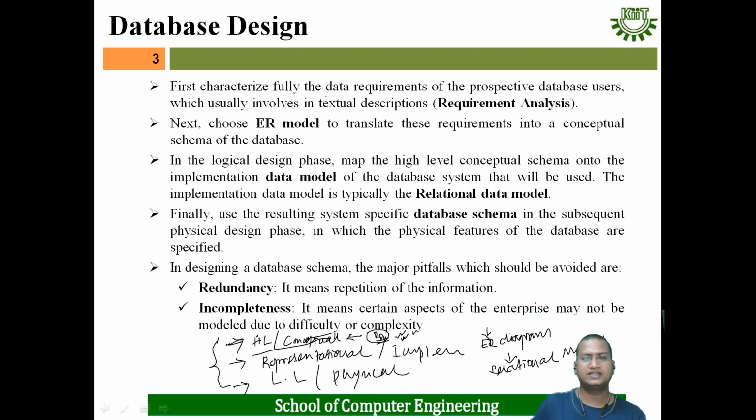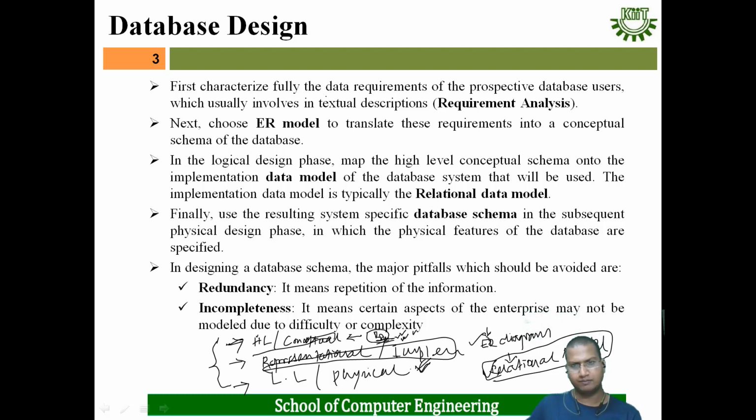This ER diagram design and relational model design are present in the representational or implementational level. But the requirement analysis phase is present in the high level or conceptual level. In previous classes, I have already told you. Then in the low level or physical design, how the tables of the relational model will be implemented at the physical level, or on the hard disk. All those things we will see here.